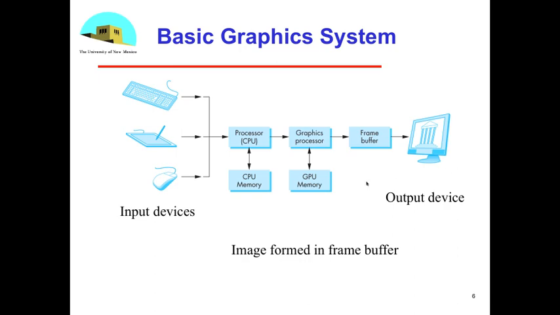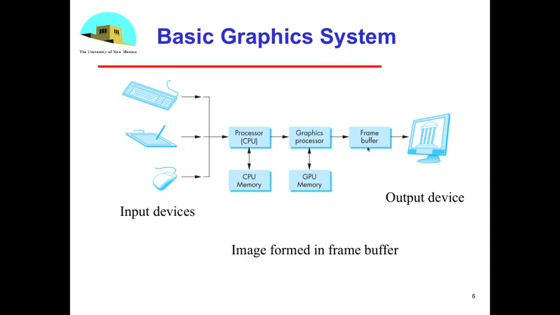Now, in terms of the processing, there's going to be a central processing unit. We're going to work on a standard computer, PC or whatever, and it will have its own memory. What's special to us is that the image is formed within some special memory called the frame buffer, which has a map of what we see on the screen, pixel by pixel.